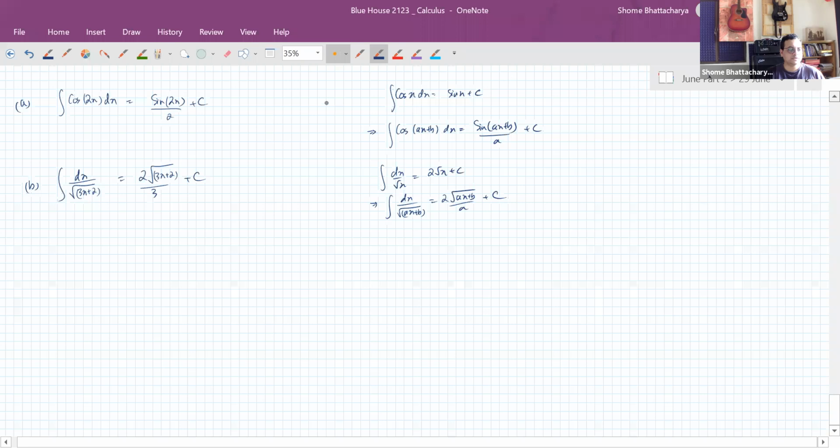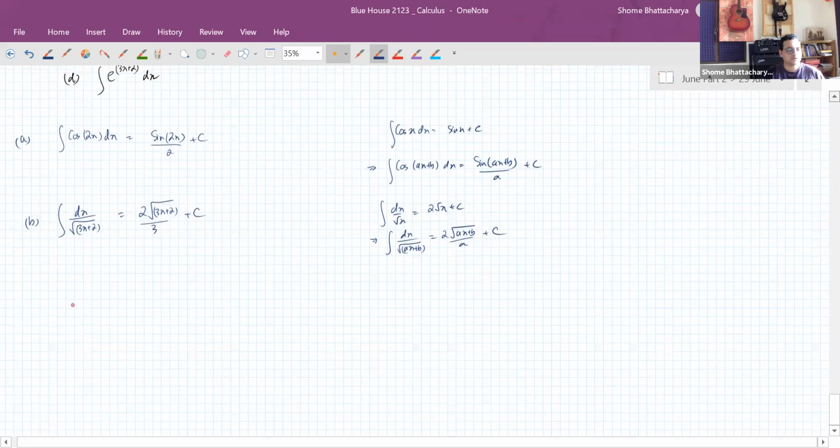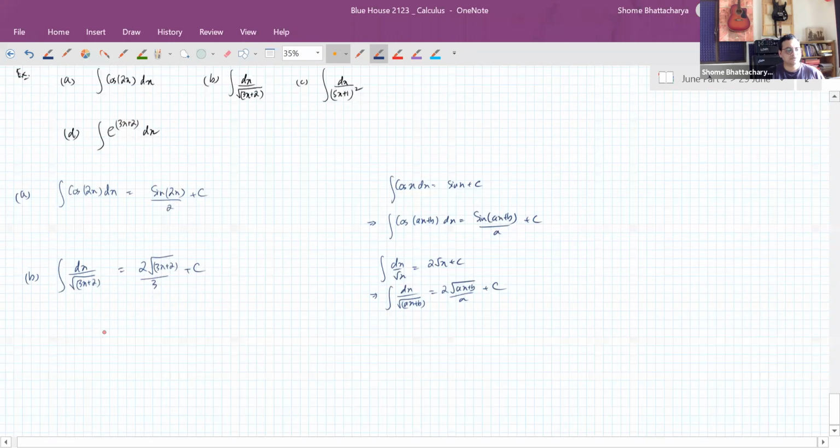Of course, we can do a question like this by substitution also. So we can go the lengthy way. We can substitute first 3x plus 2 as z. So dz by dx becomes 3, which means dx becomes dz by 3.